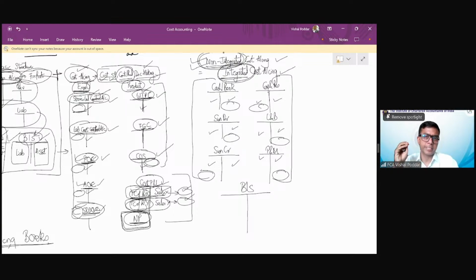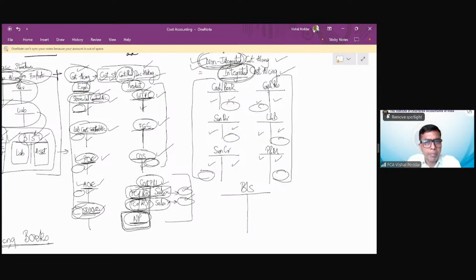This is the fun fact. Question is, integrated approach appears to be better. Why? Because you have to prepare only one set of books, and with one set of books, everything is done. But you are forgetting one thing.